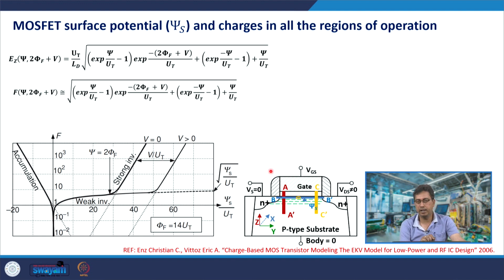That is why we integrated the Poisson equation, and that is how we have obtained this. The area charge, as we look from the top, is given by this expression. So, how much is the charge in silicon?